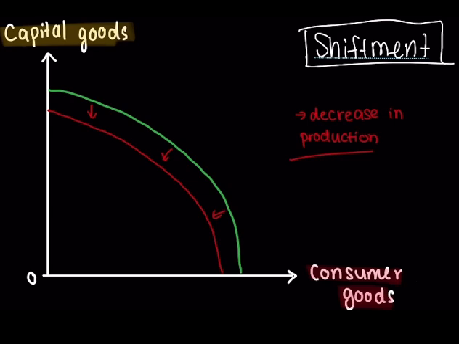A decrease in production could be because of a decrease in labor or a decrease in efficiency. It could be any of these. So whenever they give you a question and you think that this will cause a decrease in production, then the curve will shift inwards.